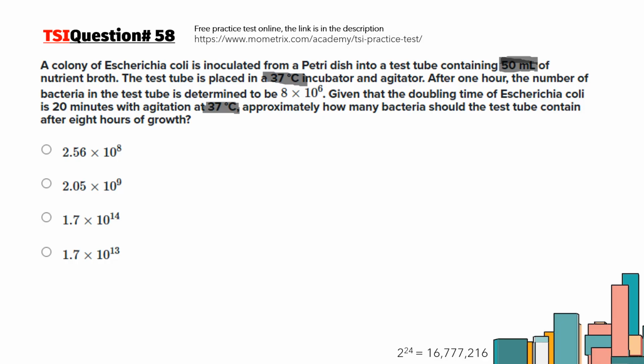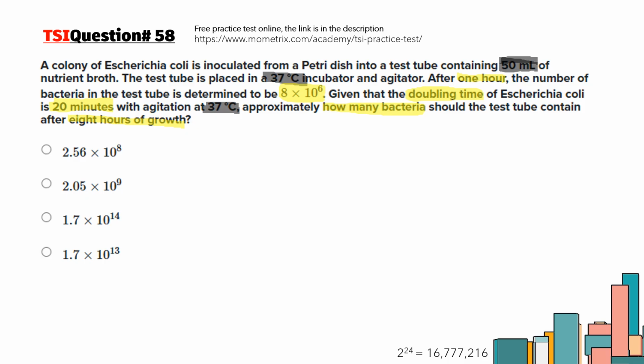The numbers we need to look at are 1 hour, then the population, then the doubling time and its measurement. And the question is 8 hours of growth. How many is the population after 8 hours of growth?